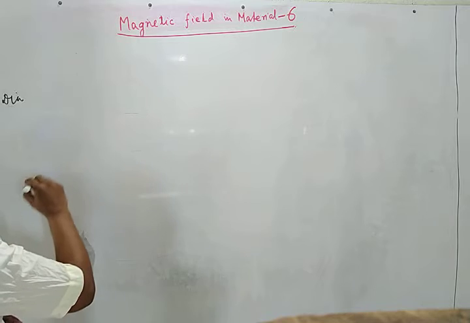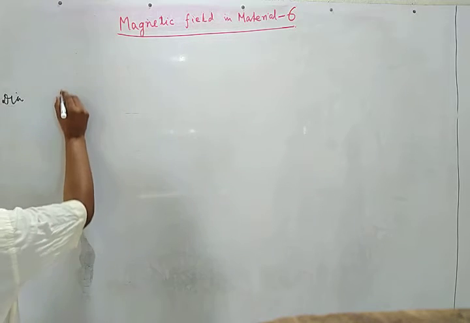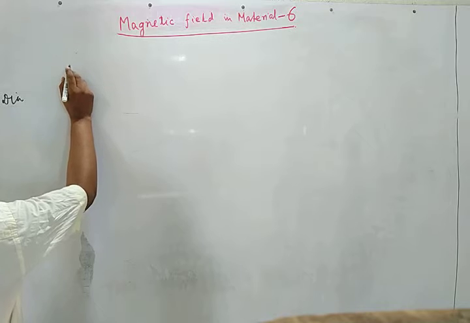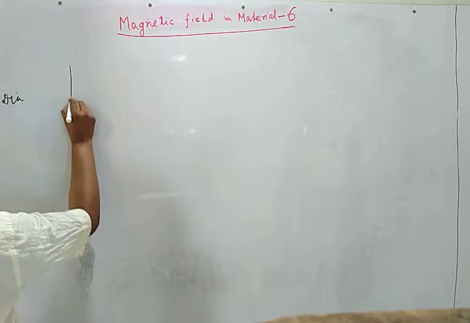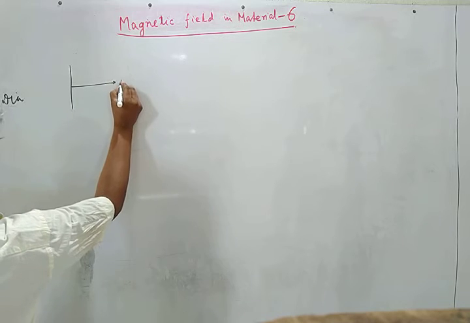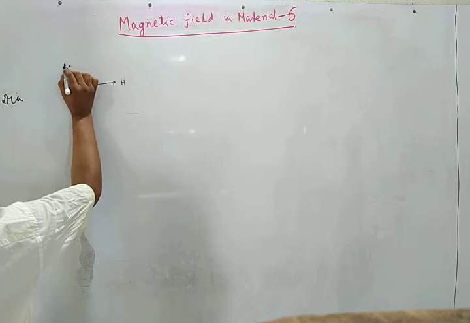For diamagnetic material, I am first plotting the graph of M versus applied field H. This is the MH graph.